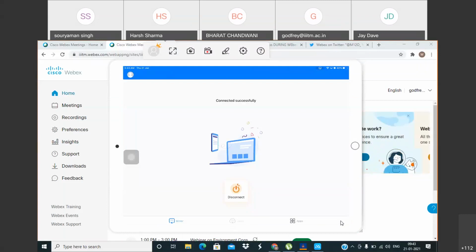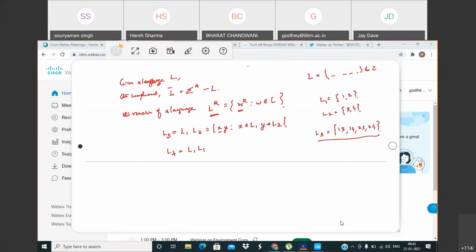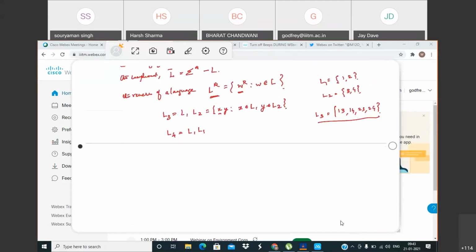So we were just looking at the concatenation. We can have a language which is concatenated with itself also.